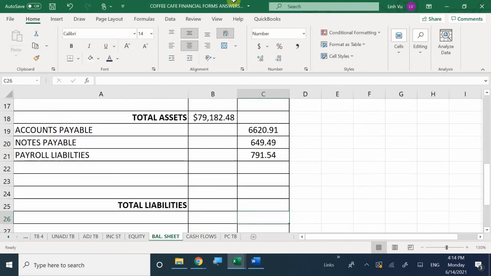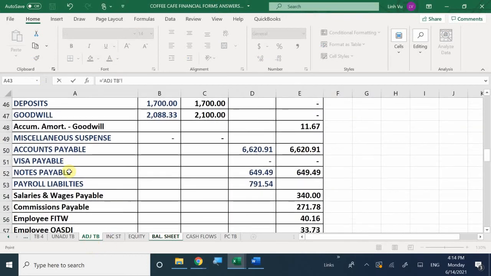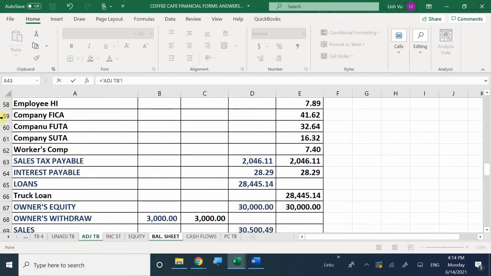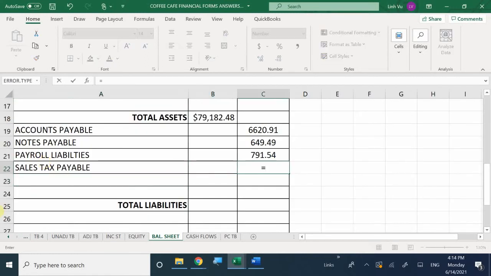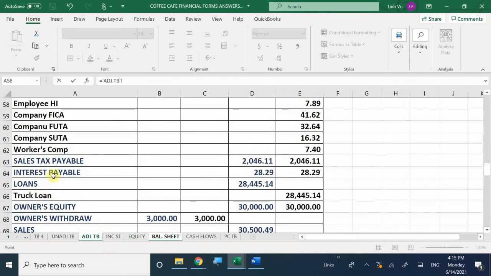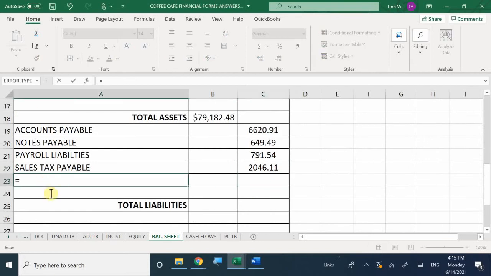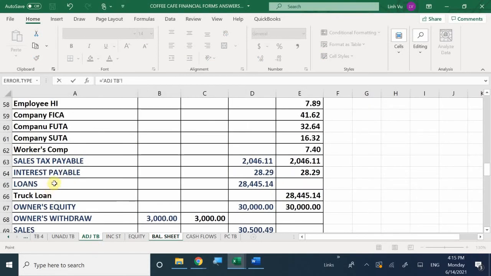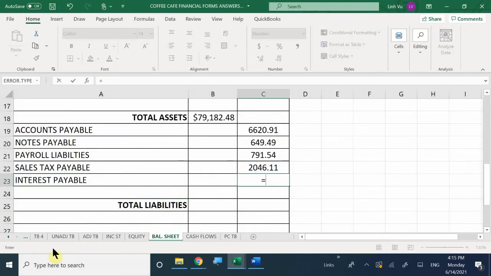Okay. Sales tax payable for 2046.11. Interest payable for 2829. And truck loan for 28,445.14.